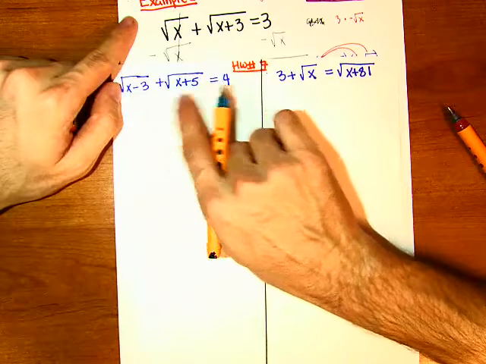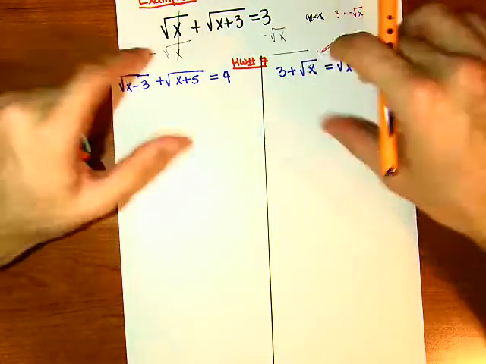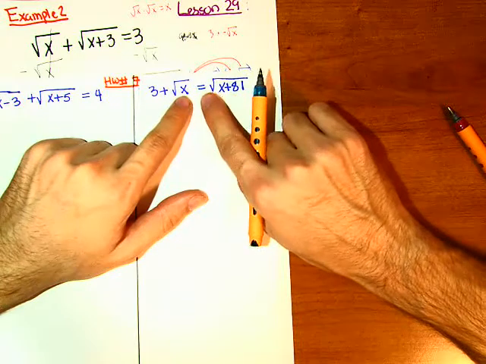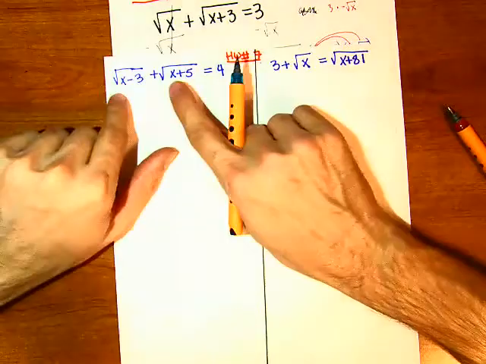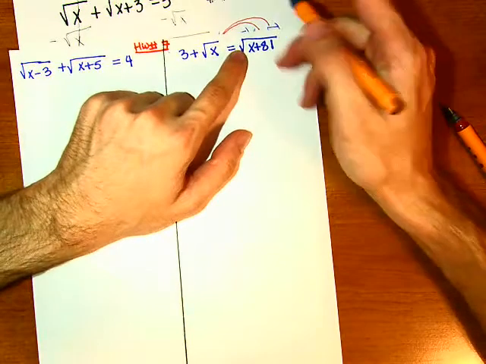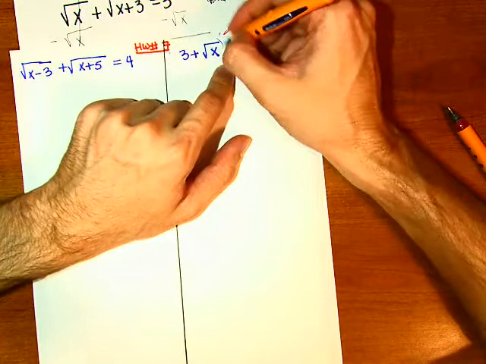Here, that's the same strategy. Get one of these on the other side, then square both sides. In this problem, you have two radicals on the same side, and here you already have one radical by itself. So the first move is just square both sides.